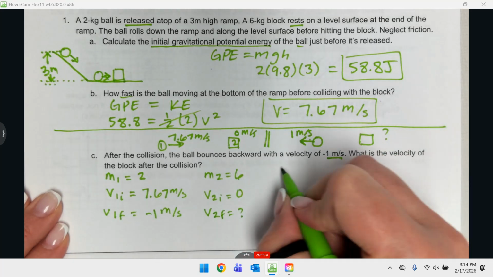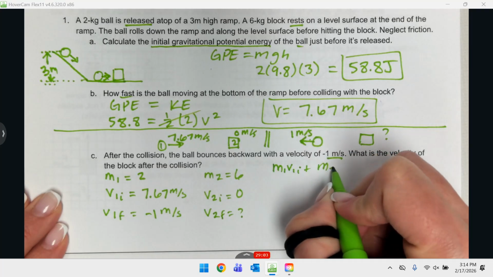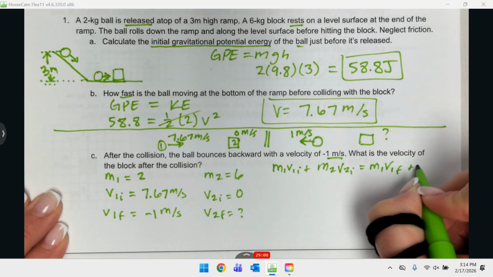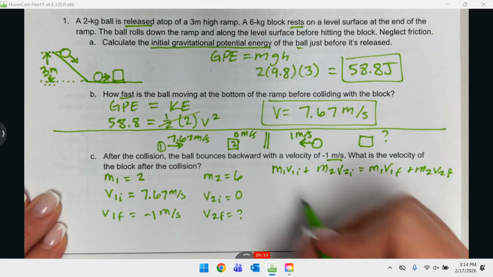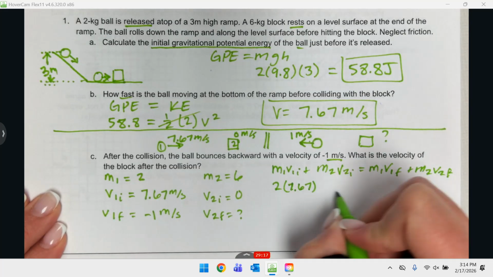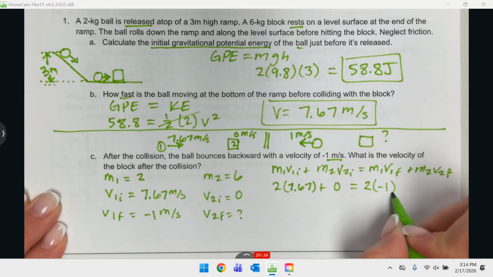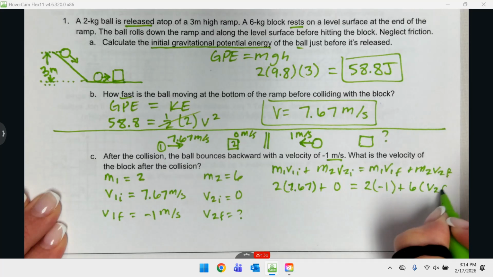We're going to go back to conservation of momentum: M1 V1 initial plus M2 V2 initial equals M1 V1 final plus M2 V2 final. When we substitute in, it looks like this: 2 times 7.67 plus 0 equals 2 times -1 plus 6 times V2F.